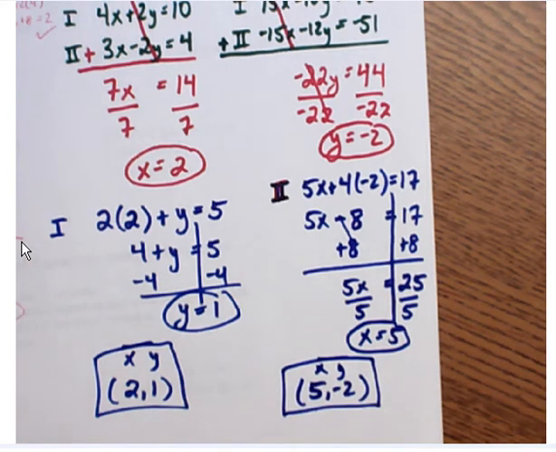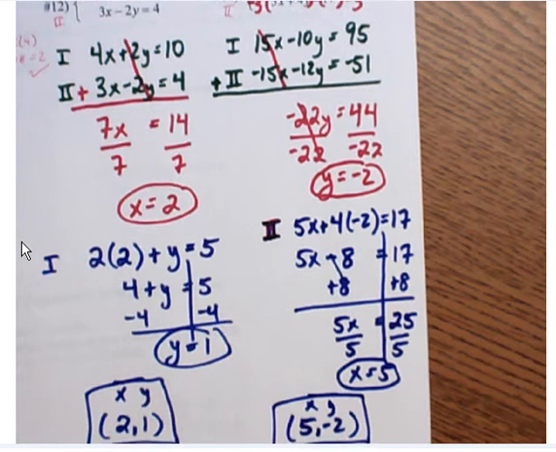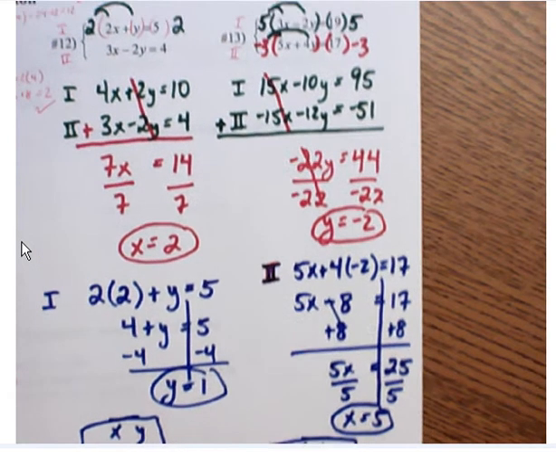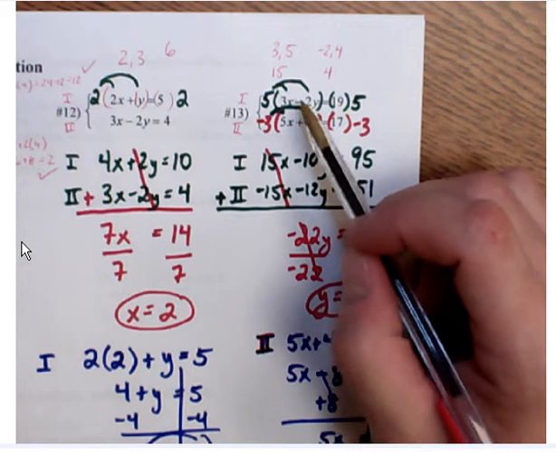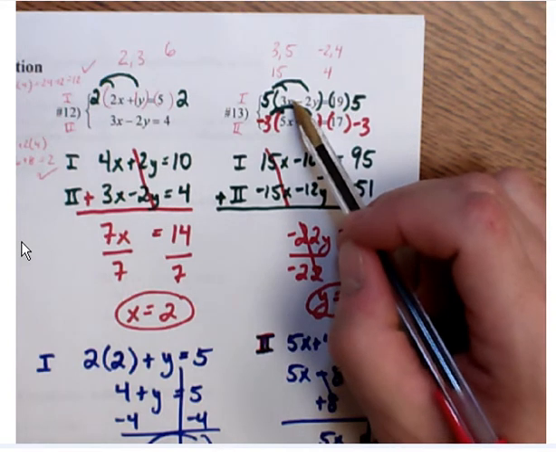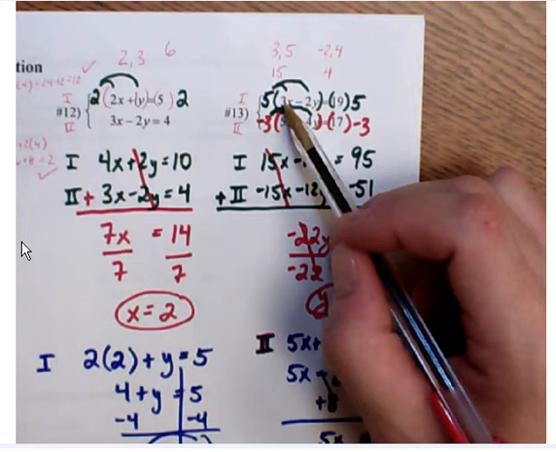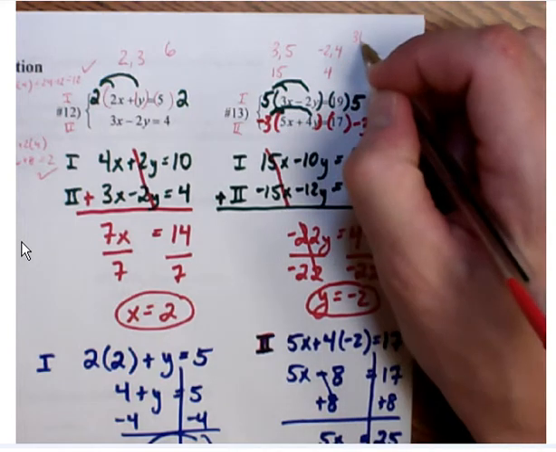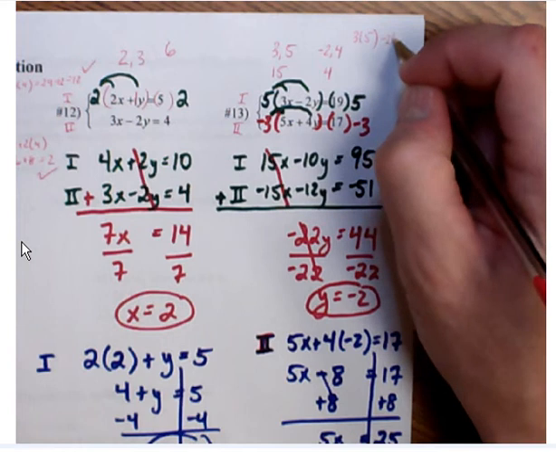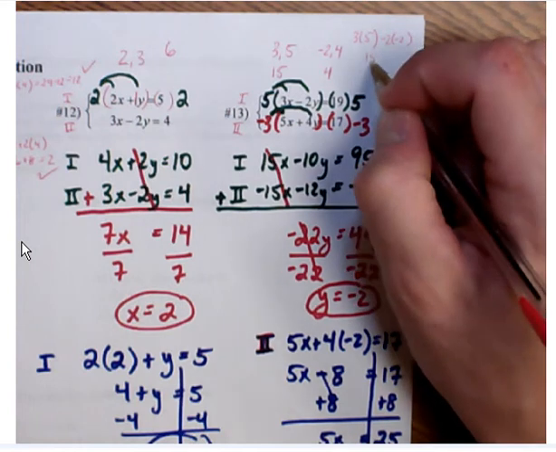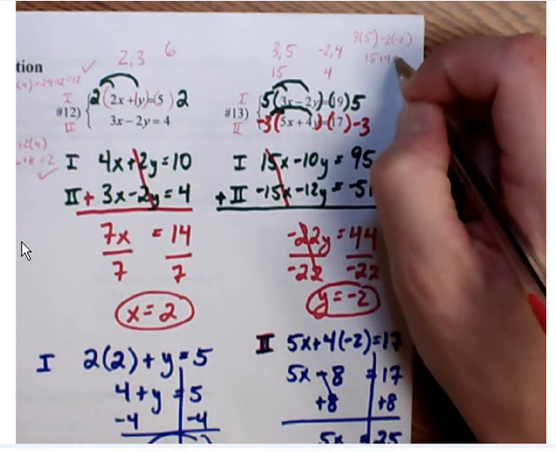Does it work? Well, I certainly hope so if we're going to do all this writing here. 5 comma negative 2. Now this is kind of messy up here, but if I take the x value, which was 5, if I take 3 times 5, and then I do minus 2 times y, which was negative 2, we get 15 plus 4, which equals 19.